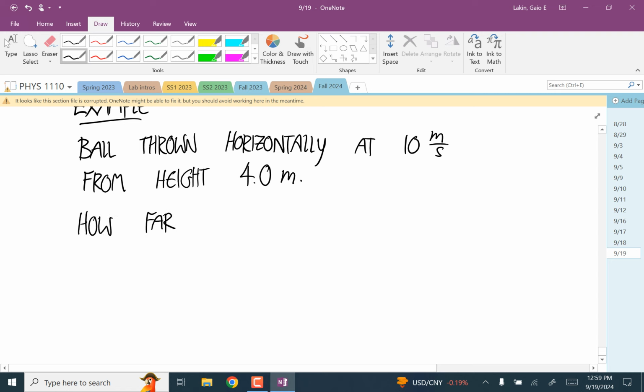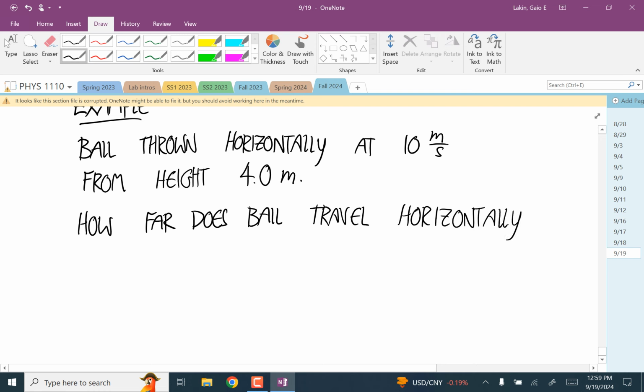How far does the ball travel horizontally before it hits the ground?